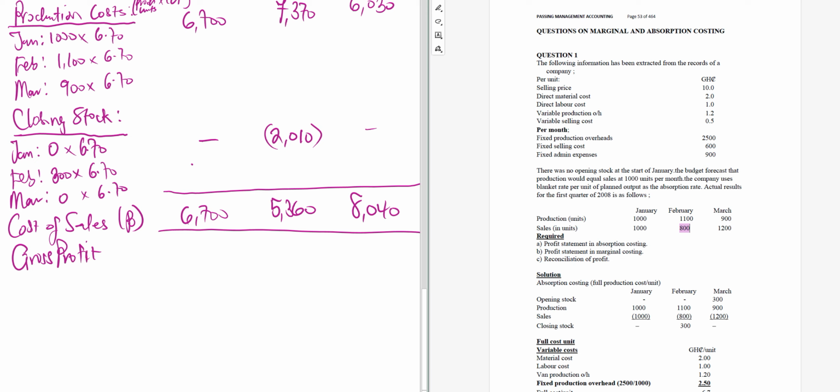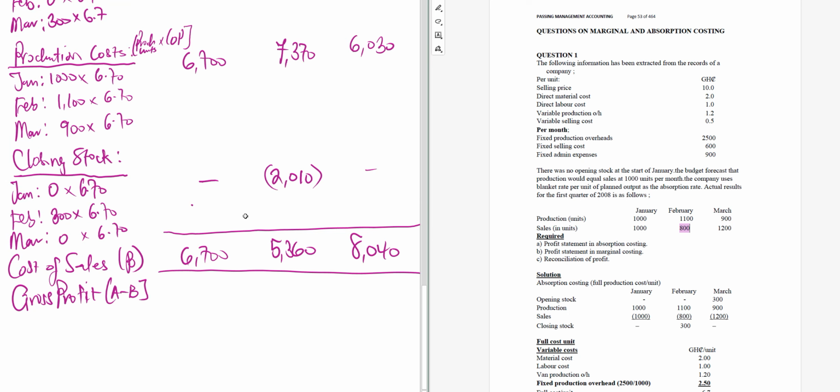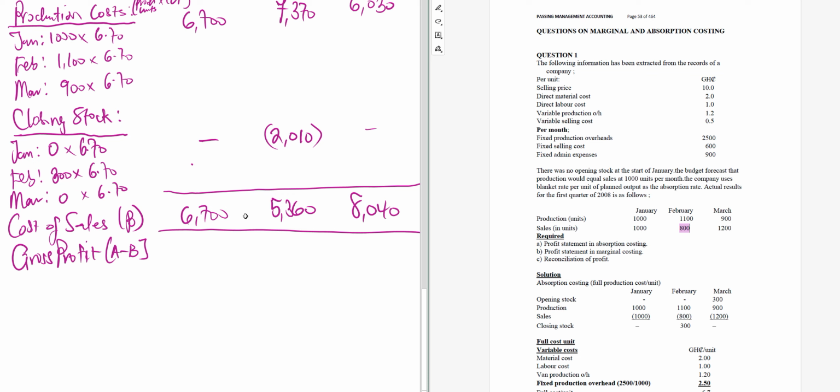Our gross profit is A, sales, minus B, which was the cost of sales. For the first one, the sales was 10,000, so I take 10,000 minus 6,700, and that is 3,300.